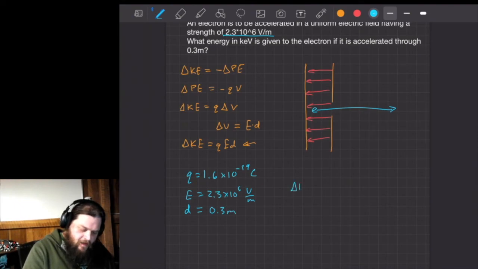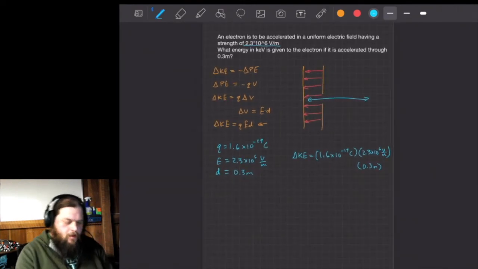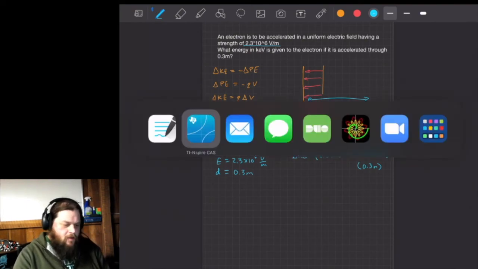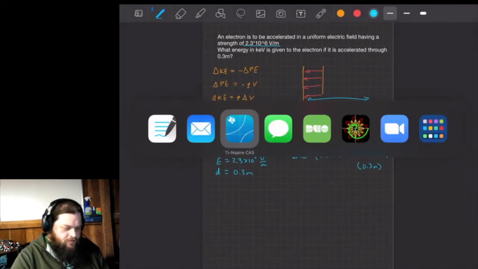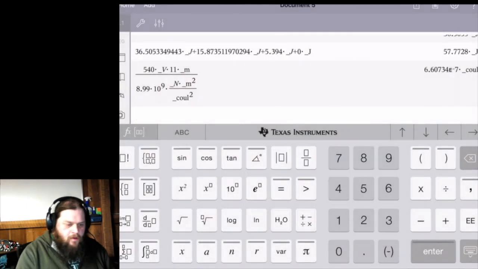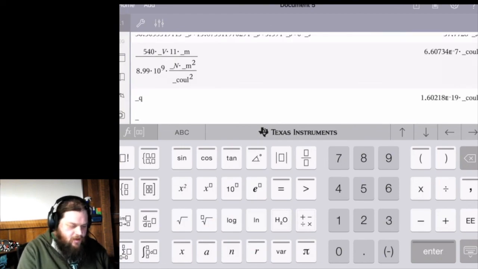So we say that the kinetic energy would equal 1.6 times 10 to the negative 19 coulombs times the 2.3 times 10 to the 6 volts per meter times 0.3 meters. Let me calculate that very quick. I'm just going to use Q, because Q gives me the charge of the electron.